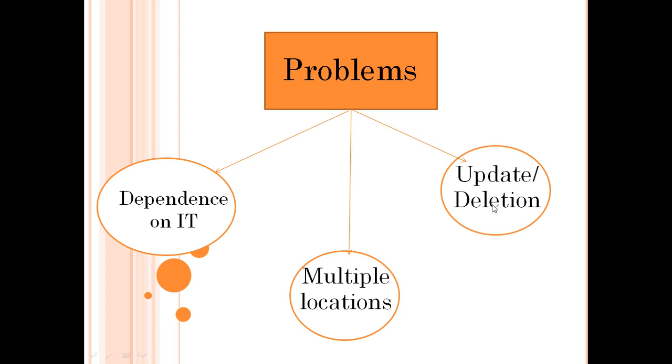The third problem is updation and deletion. What happens is when we use tags, suppose some updation is needed in the tag, we got a new tag that gives us more features as compared to the tag we were using. So now we need to update that code, we need to update that tag.